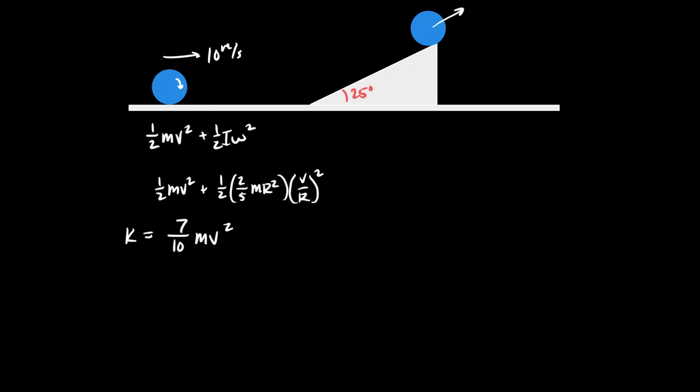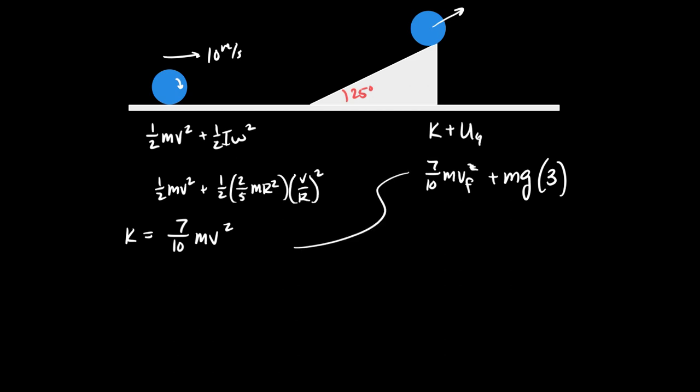That's going to slow it down. So at the top of the incline, it'll have kinetic energy plus gravitational potential energy. So it's still going to be 7/10 mv final squared because it's rolling and the shape is the same. Different final velocity, but plus mgh, where h is 3 meters.